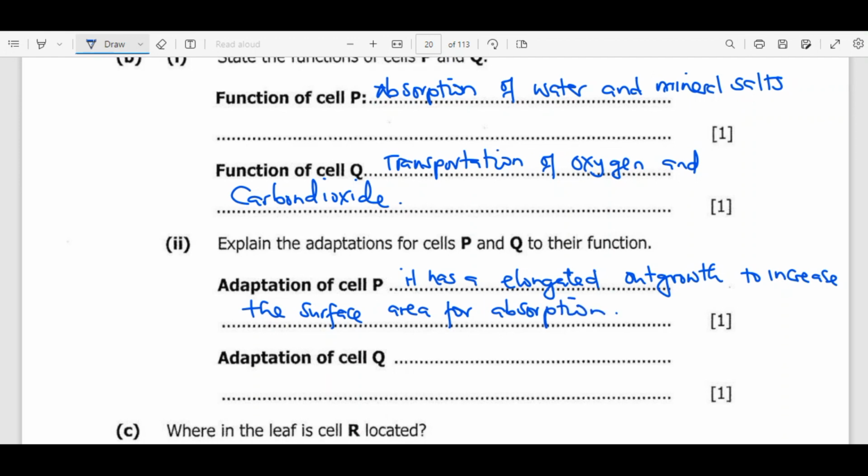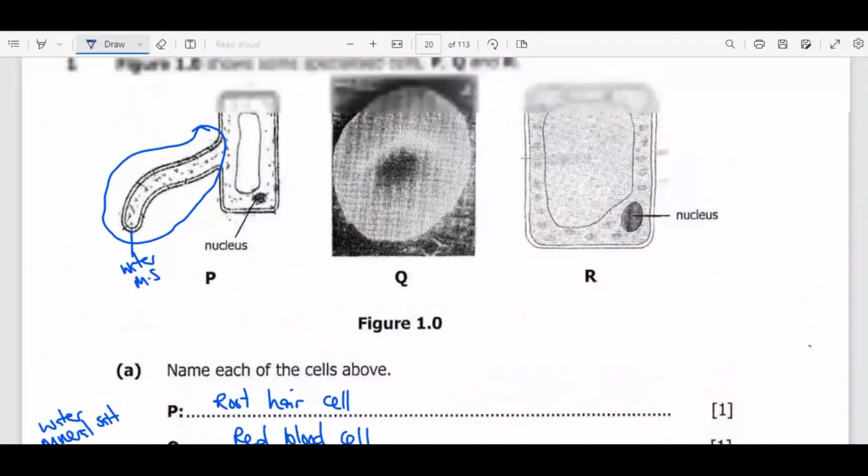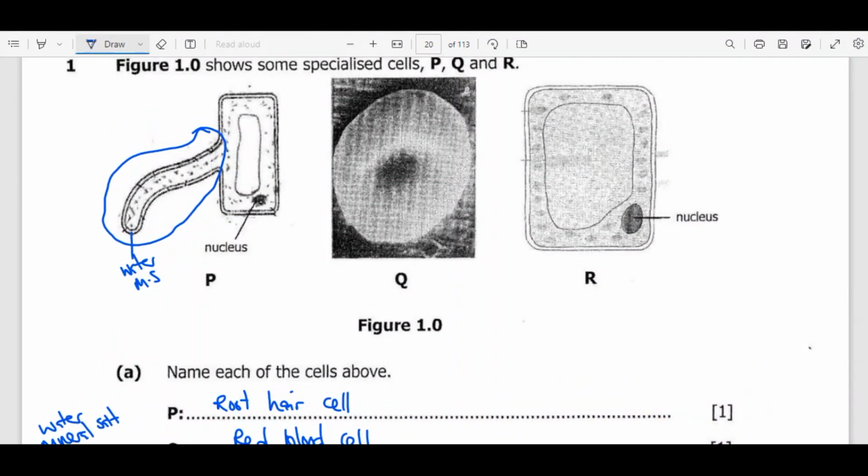And then Q, which is the red blood cell. When you look at it very closely, you'll find that it has a biconcave shape, or it looks like a disc.